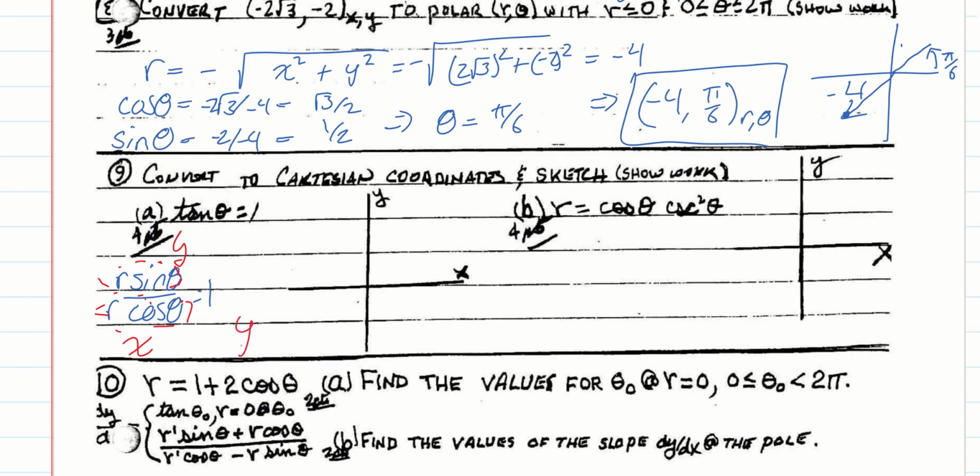So then we have y equals x, which means we have a straight line of y equal to x. And the only time where y equals x is at theta equal to pi over 4.